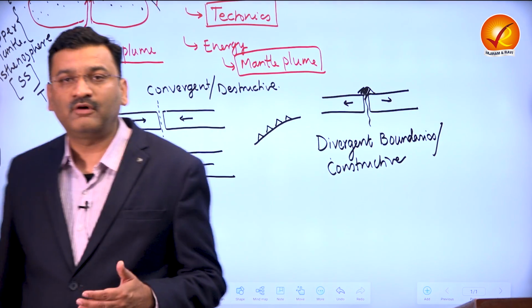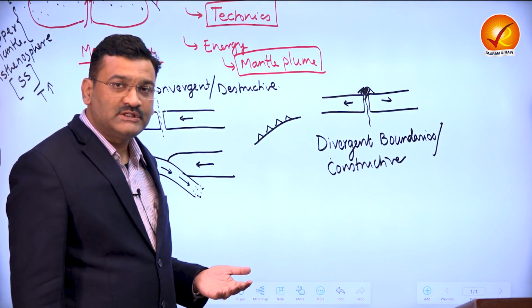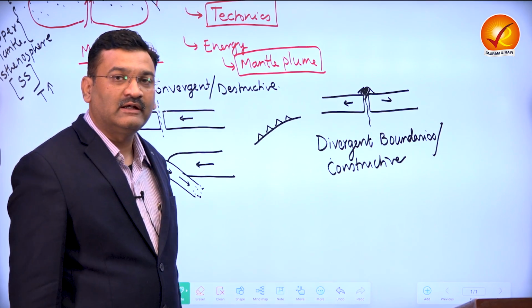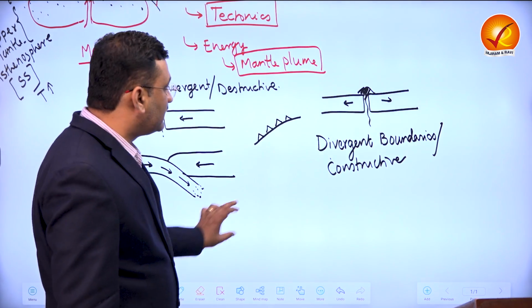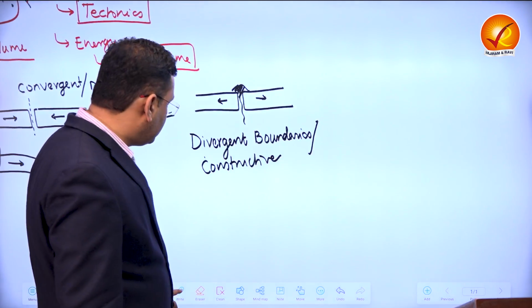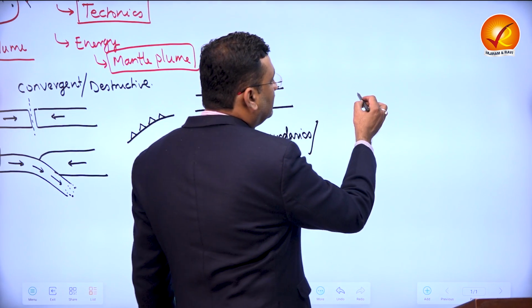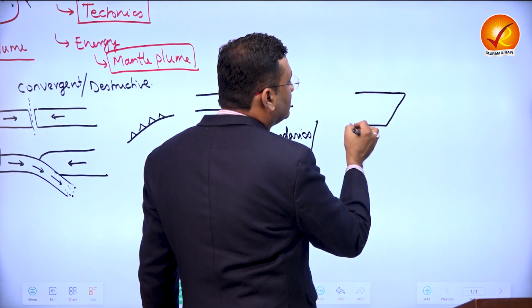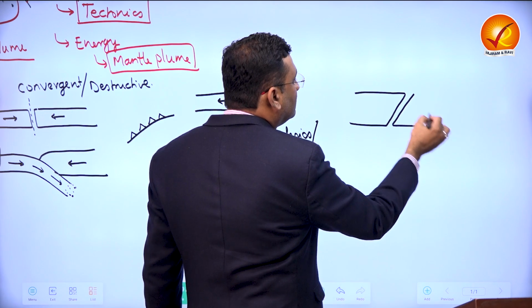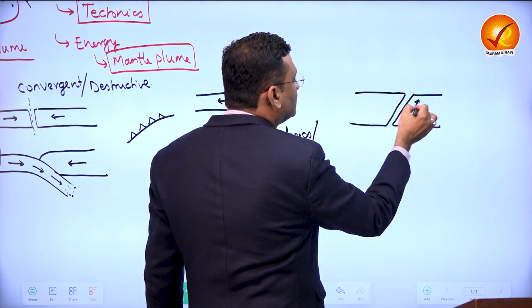So the landforms that are created at convergent and the landforms that are created at the divergent will be different. And the third type of boundary here will be when the two plates are moving parallel to each other.